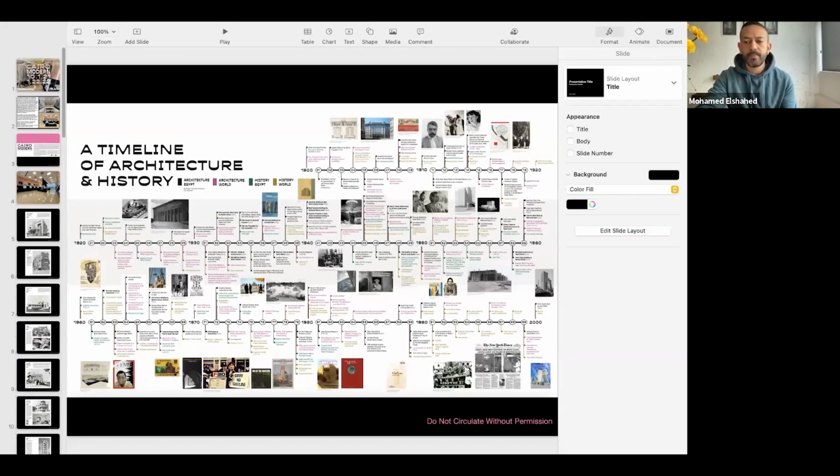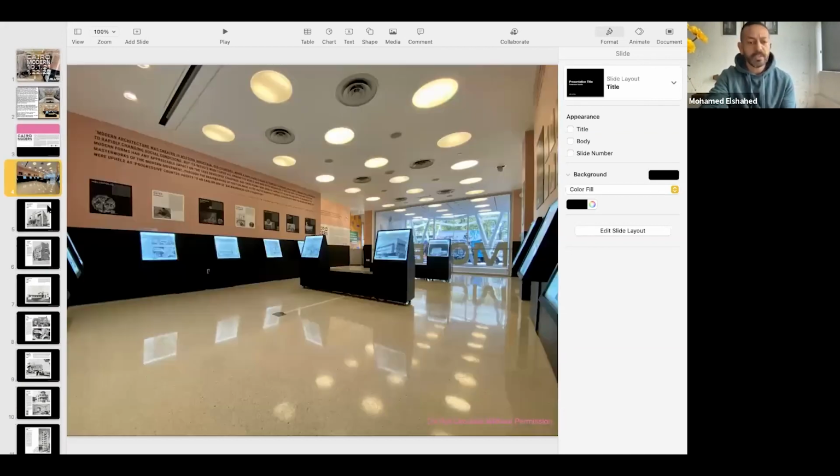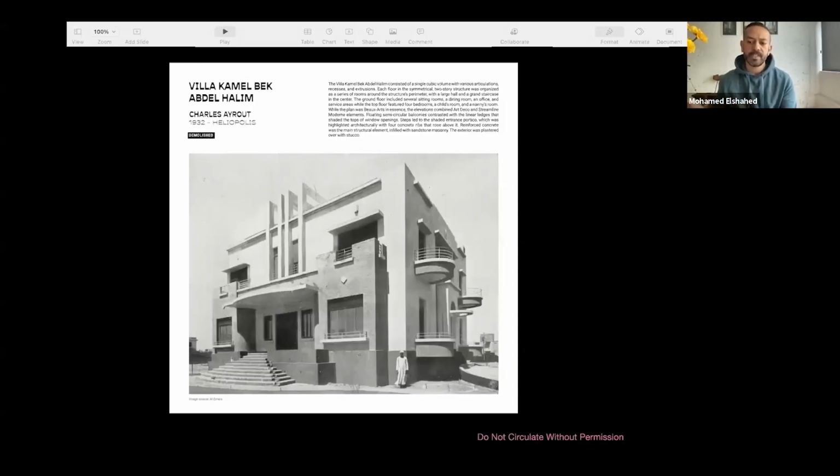Now that I've gone briefly through the components, just in case there are some who haven't been able to visit, I'll quickly run through the 20 examples of buildings shown in the exhibit. A couple of things to highlight here are sources, which we should talk about more in the discussion. A lot of the images used in the exhibition come from printed, published sources, Al-Imara magazine in particular.